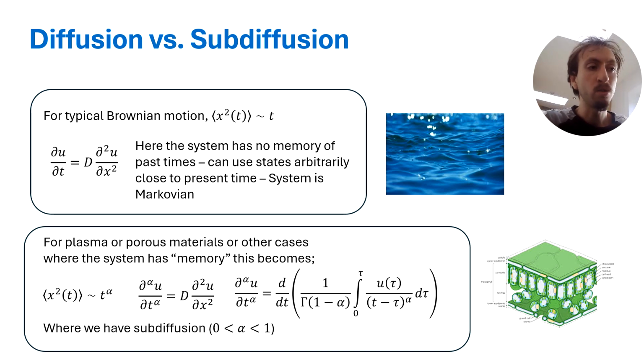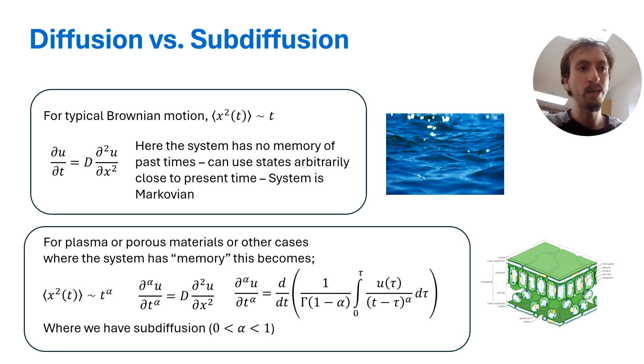And then our differential equation looks like the one above, but we're replacing an integer order partial derivative with a fractional derivative operator. So in this case, the fractional derivative operator we saw previously, the one that involves our wonderful gamma function.